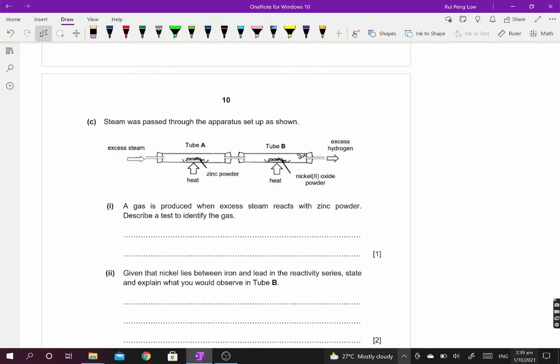Moving forward, steam was passed through the apparatus set up as shown. So you have tube A zinc powder, tube B nickel oxide powder. A gas is produced when excess steam reacts with zinc powder. Describe a test to identify the gas.